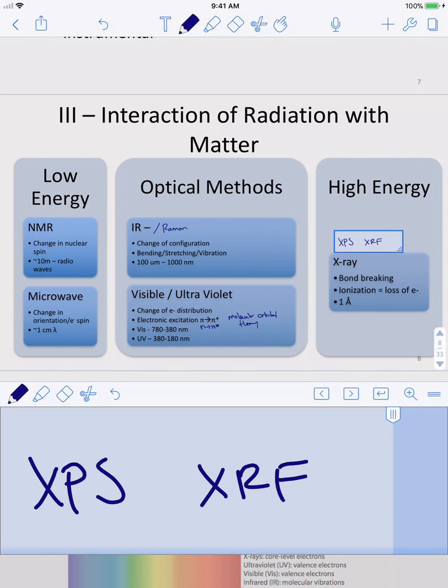Here we're high enough energy that we're breaking bonds and ionizing, so losing electrons in the case of XPS, or looking at inner core electrons in the case of X-ray fluorescence, where we're promoting tightly held core electrons to elevated energy states. This is much higher energy. All right, so this is a very brief introduction to all the kinds of different interactions that radiation can have with matter. Again, we're going to focus on these optical methods in the center of this slide.